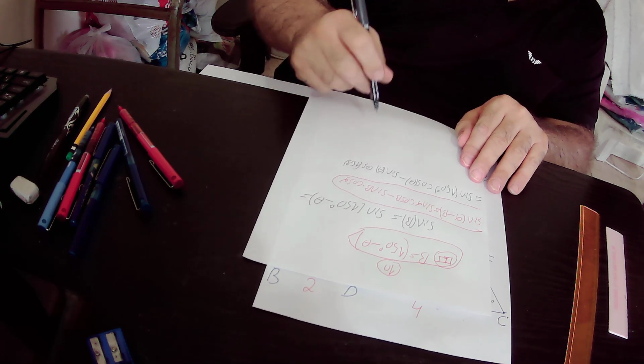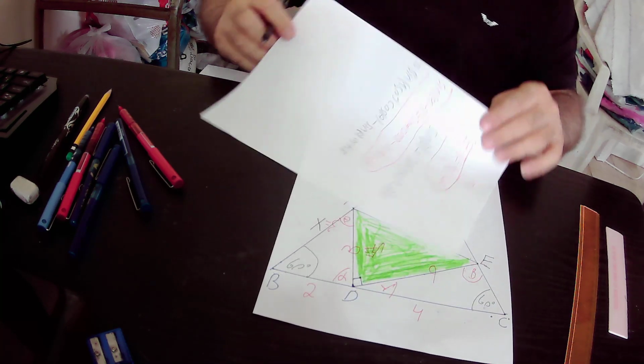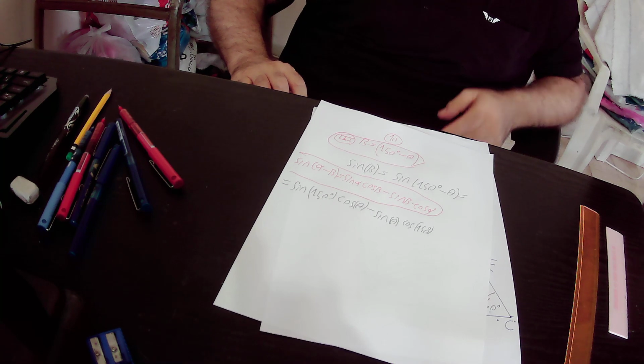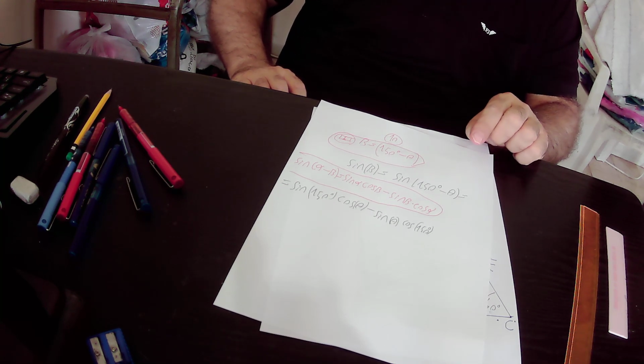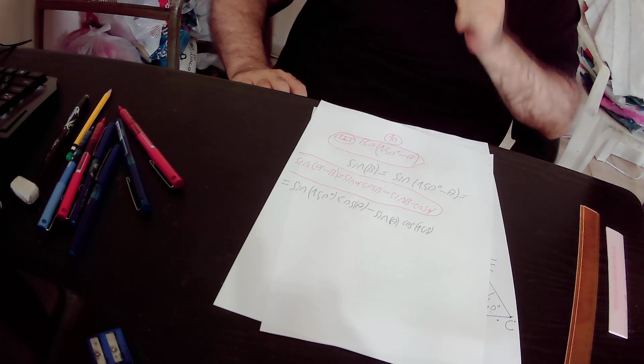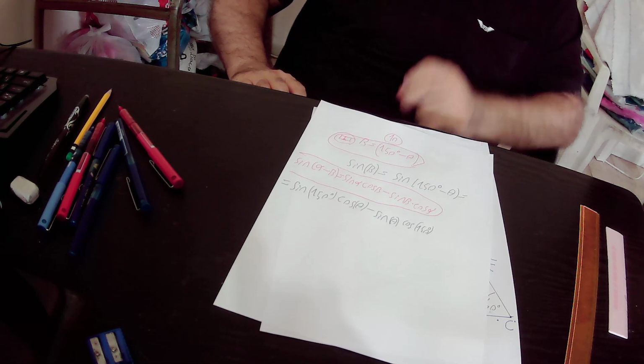Okay, so we found out the value of sinus 150 degrees minus theta by using the second trigonometric identity.